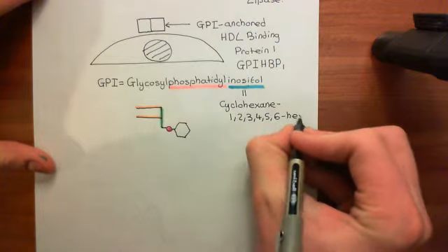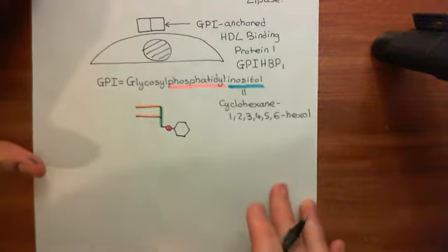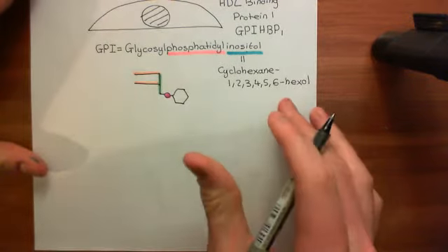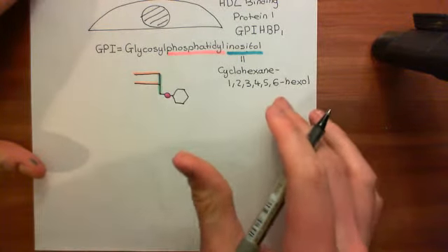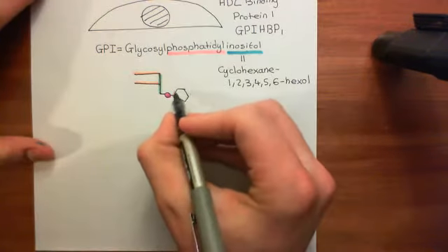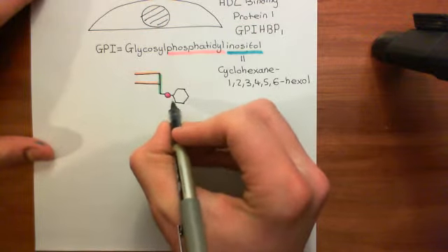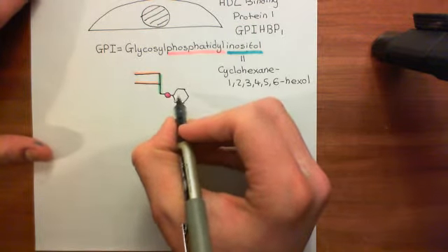And although again it is a complete mouthful, it's a useful name because it tells us exactly what we're dealing with. Cyclohexane tells us that we are dealing with a 6-membered carbon ring where all of the bonds between the carbons in this ring are single bonds.